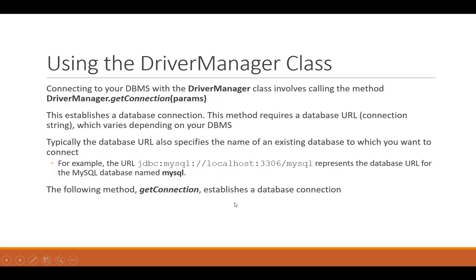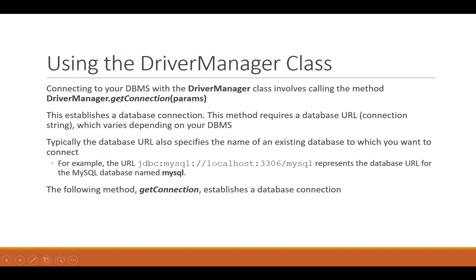The driver manager class is the more likely approach that you will use. So connecting to a database management system, use the driver manager class. What you would do is call driver manager get connection and pass the parameters. Now normally the parameters would be your connection string. And so the connection string effectively just again provides all the variables and the values that are needed to talk to a relational database system.